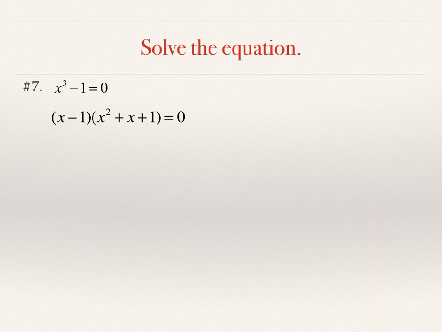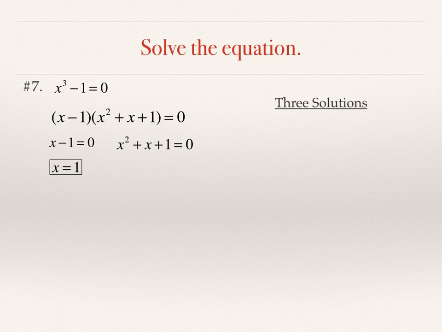And now we set the first factor to 0, and we know that x equals 1 is a real solution. The second equation, when we set that equal to 0, we can tell right away this is not going to factor. So while we know there are 3 solutions, there is 1 real root.